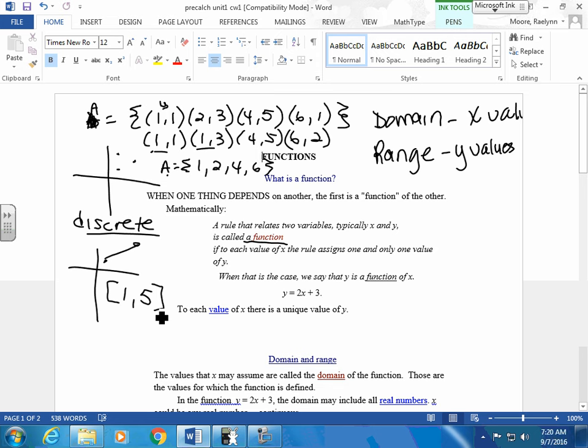You can do it this way, but we stick to interval notation. If you have trouble with it, do this first and then get to your interval. Eventually, we just do all intervals. I find it easier just for intervals anyway, but whatever you're used to, we'll convert you over. So when we look at this, these are more discrete values. These are continuous values. Is this guy a function?